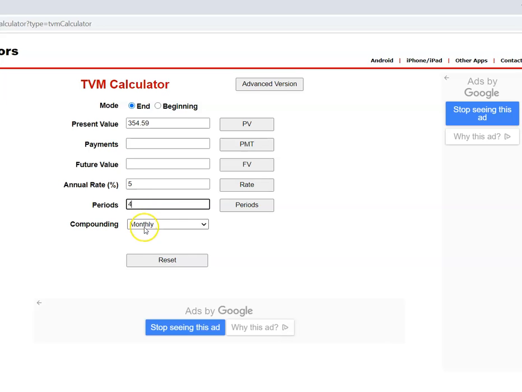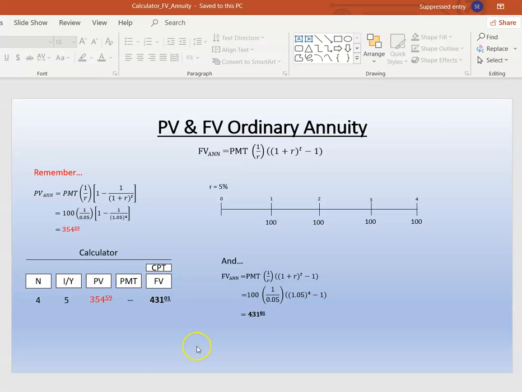We wait for 4 periods to have this future value. It is by annual frequency. Let's calculate the future value. It is $431.01. So it is exactly the future value of the annuity we calculated in the previous slide.